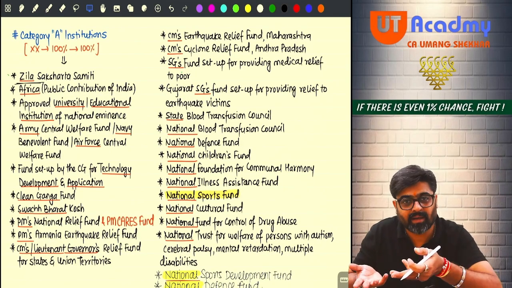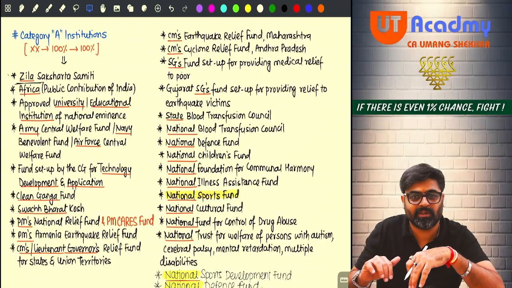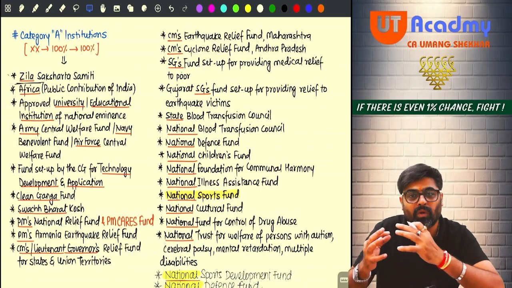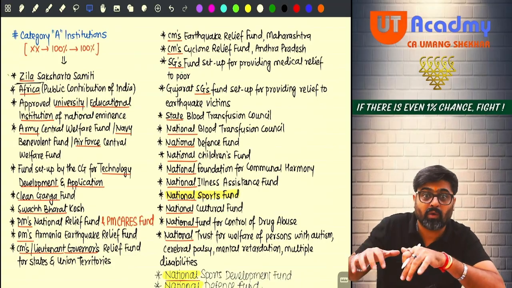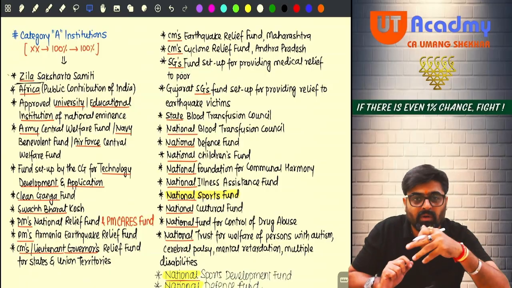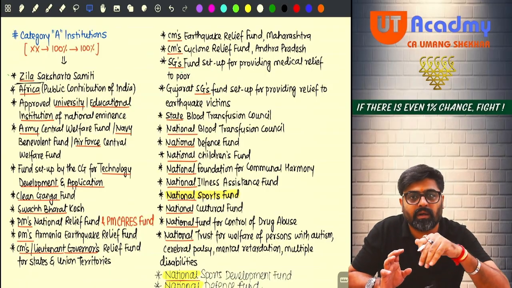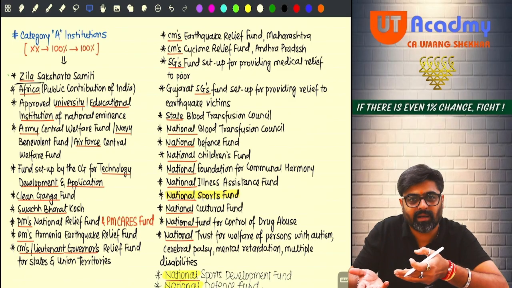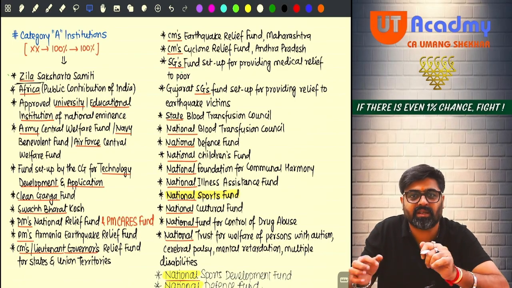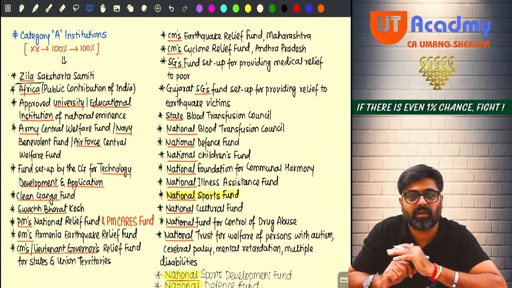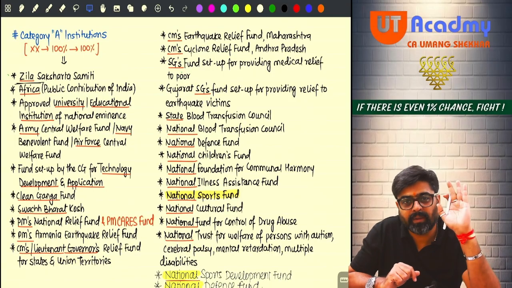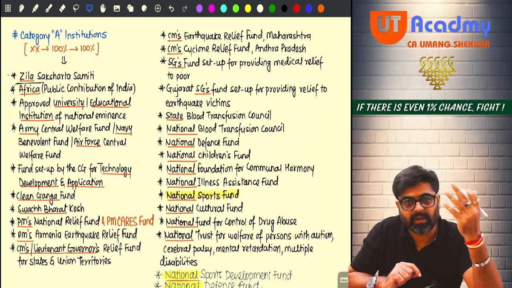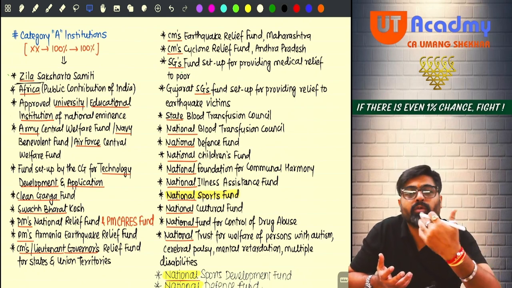So it will be better if we develop our own technology, if we learn how a technology which is already developed can be applied in different areas of operations. But to do that, a lot of infrastructure is required, a lot of money is required. So the government helps for technology development and application by giving the funds.